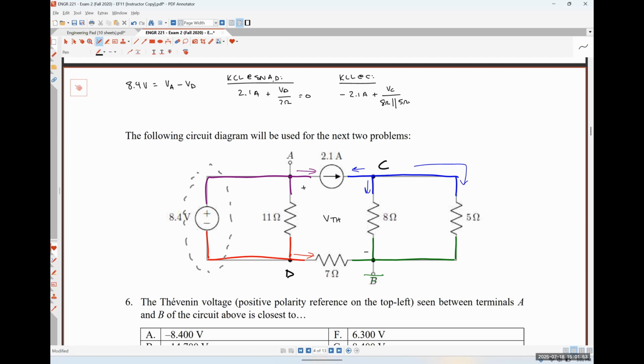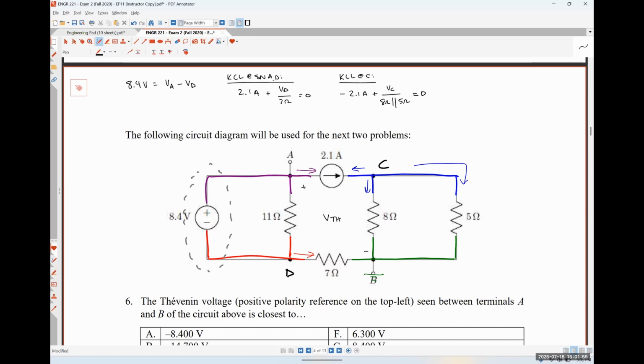Or I could do VC over 8 plus VC over 5, but it's going to come out to be the same thing. This is equal to 0. And if I solve this system, then my Thevenin voltage is just going to be whatever I get for VA. Yep, okay.